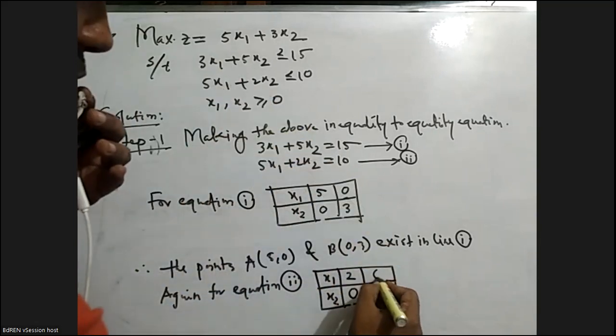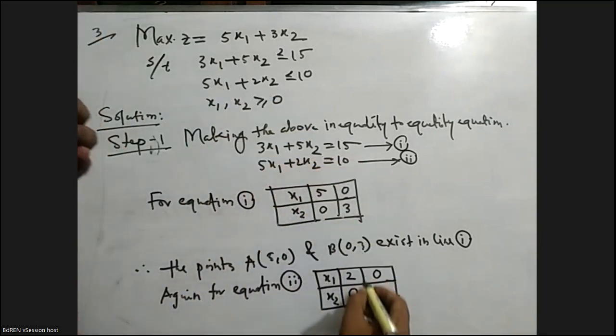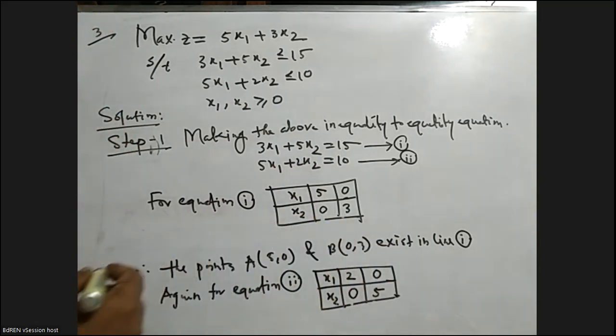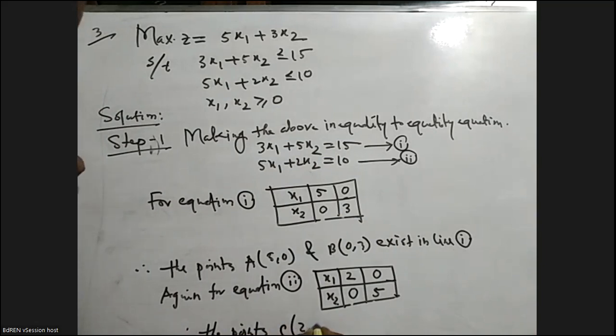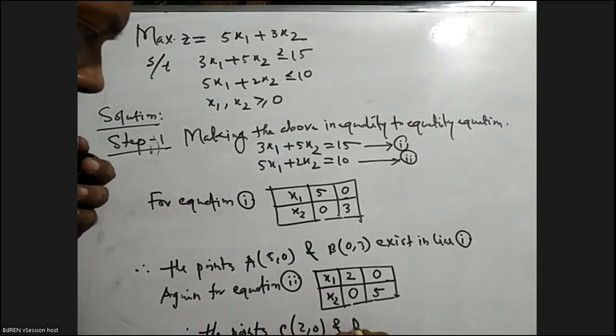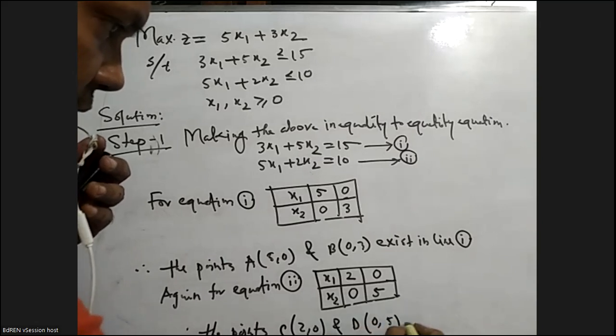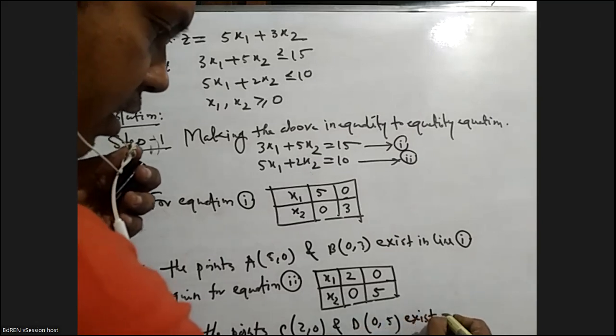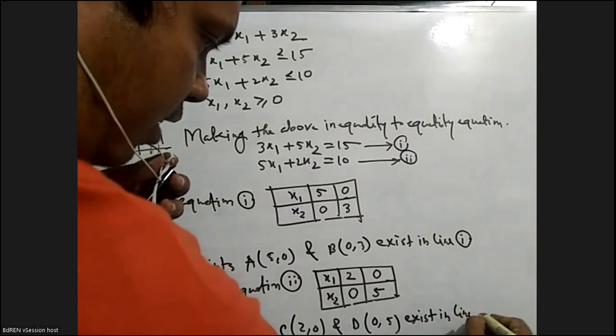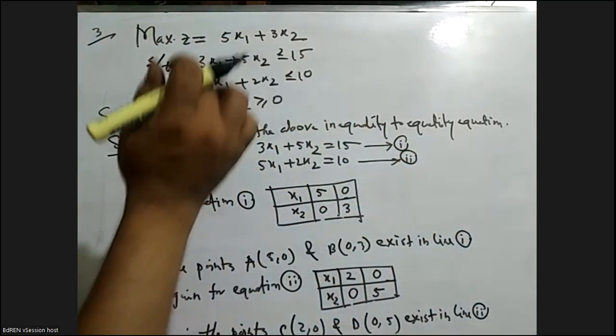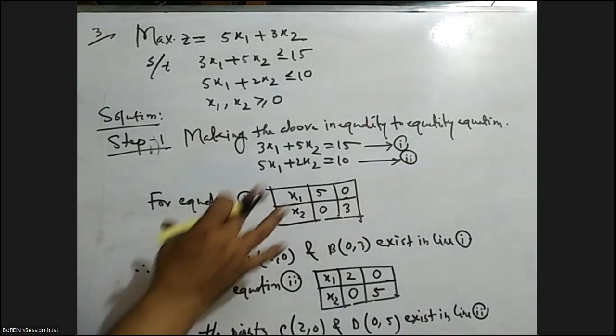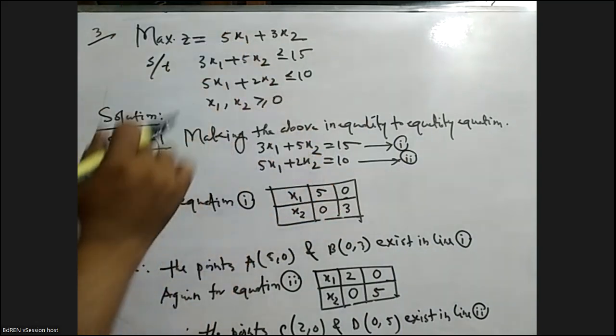But if x1 equals 0, then x2 equals 5. In that case, the point C is (2, 0) and another point D is (0, 5), which exist on the second line. We got these from the second line, and the earlier points from the first line.